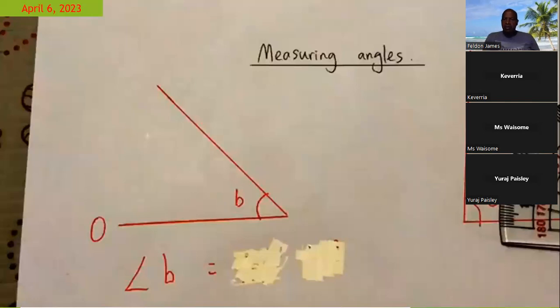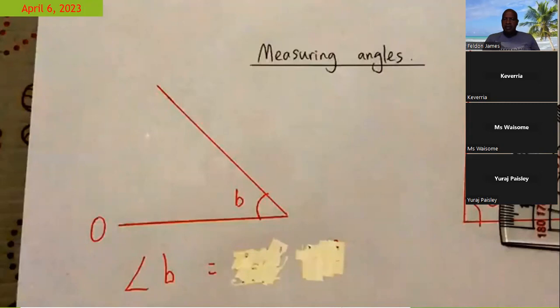And by now, everybody should know what an angle is. I did ask Miss Waysom about what an angle is, but I don't remember her saying it to me. What's an angle again, Miss Waysom? The 2 lines meet, sir. That does not describe an angle, Miss Waysom.